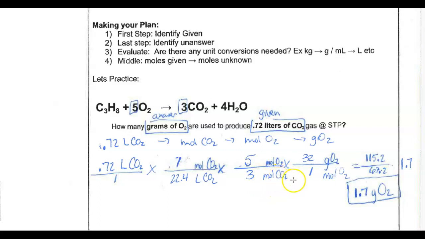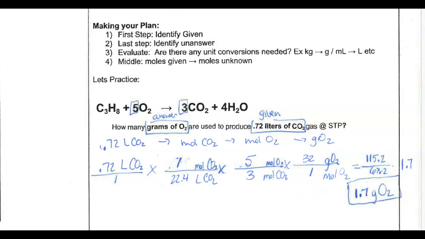And then finally, moles of oxygen turn into my denominator here. What that does is it allows me to eliminate my units, right? So I can eliminate liters because there's 1 on top and 1 on bottom. I can eliminate moles of carbon dioxide because there's 1 on top and 1 on bottom.